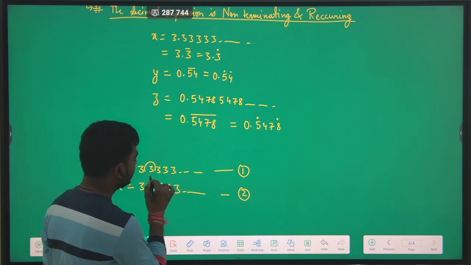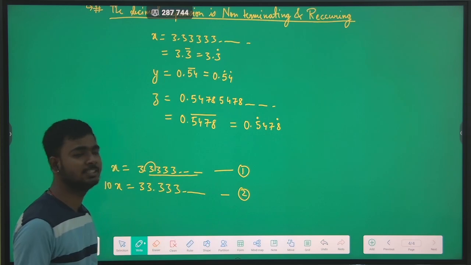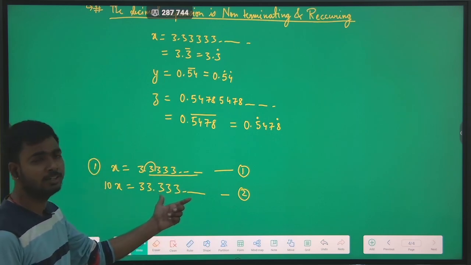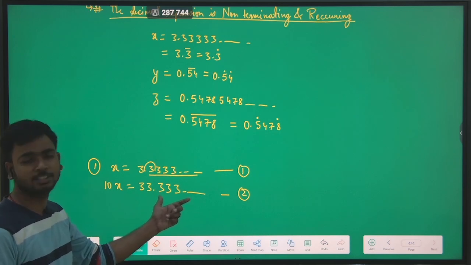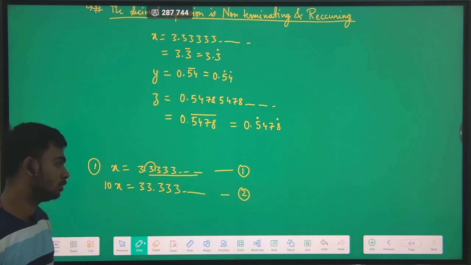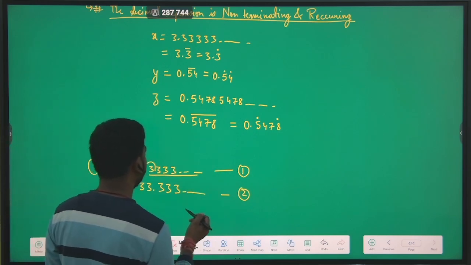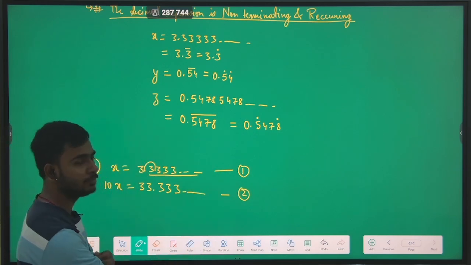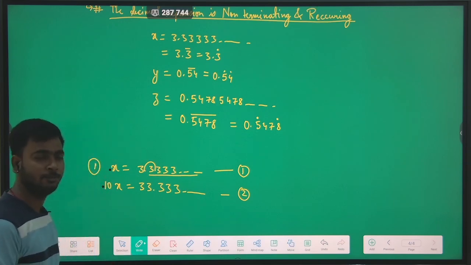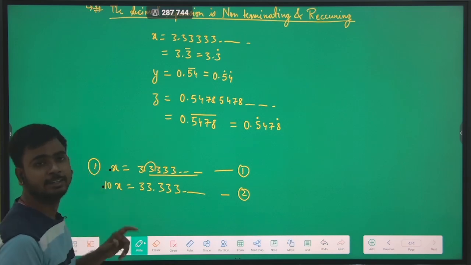In the above part, the digits are 3 continued up to so on, and in the second one the digits after the decimal are also 3 continued up to so on. So what we can do is subtract x from 10x.